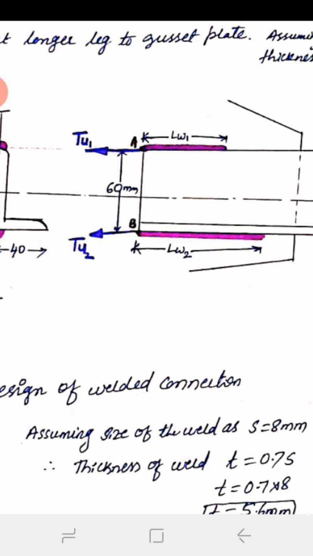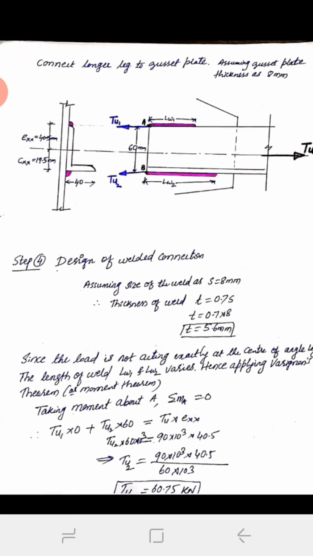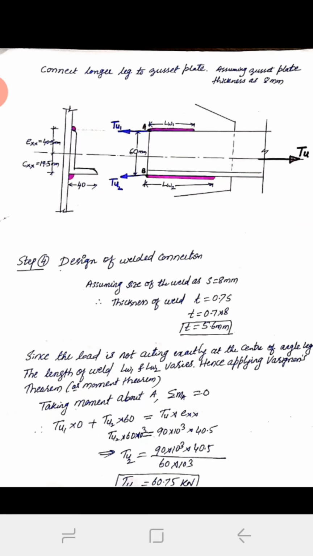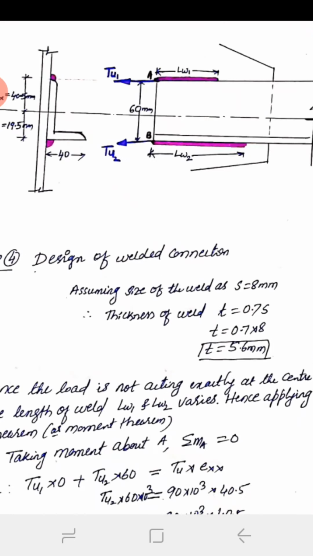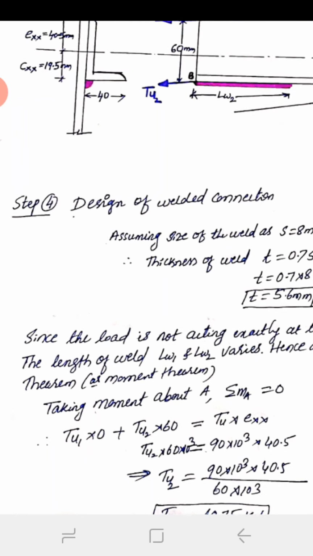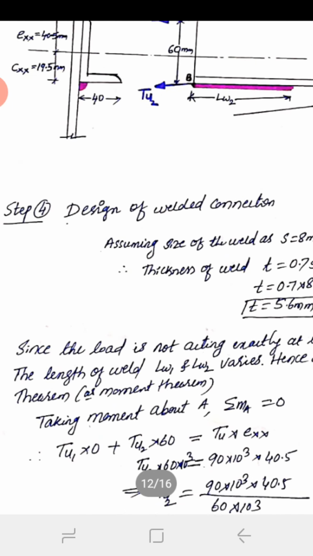Okay, then the 60 millimeter is the width of the angle section, that is the leg size, and this 60 will be in the tension area. Okay. Then after drawing this, just keep this drawing ready, then you design the weld, that is the design of the welded connection here. Design of the welded connection, that is step number 4.